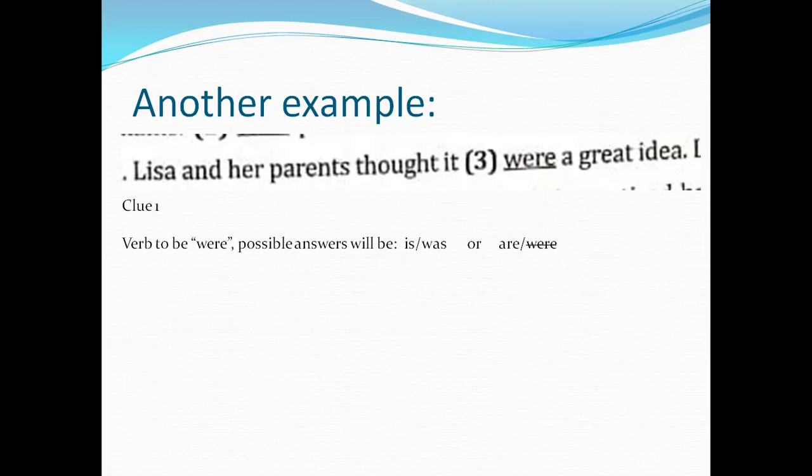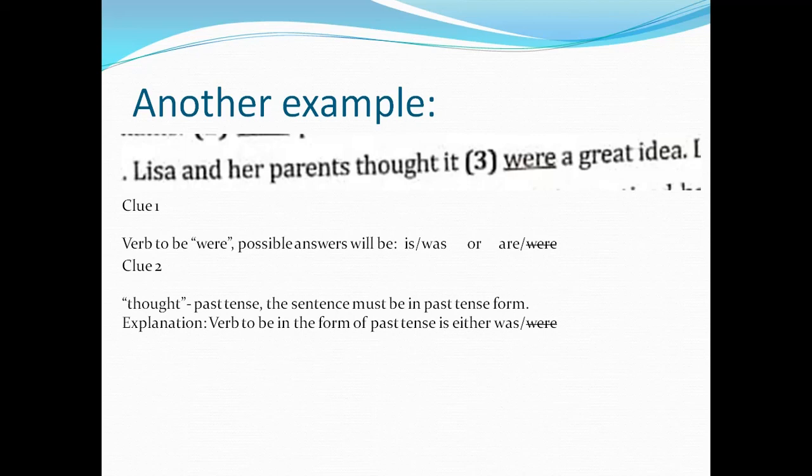The possible answers will be is, was, or are. Clue number 2: thought. It's in the form of past tense. The sentence must be in past tense form. Explanation: verb to be in the form of past tense is either was or were.